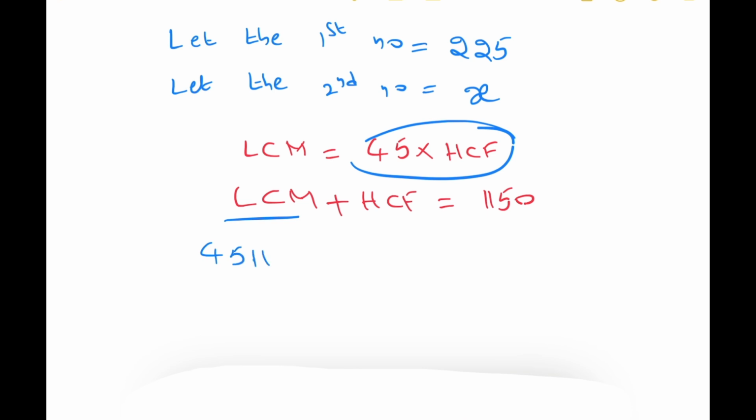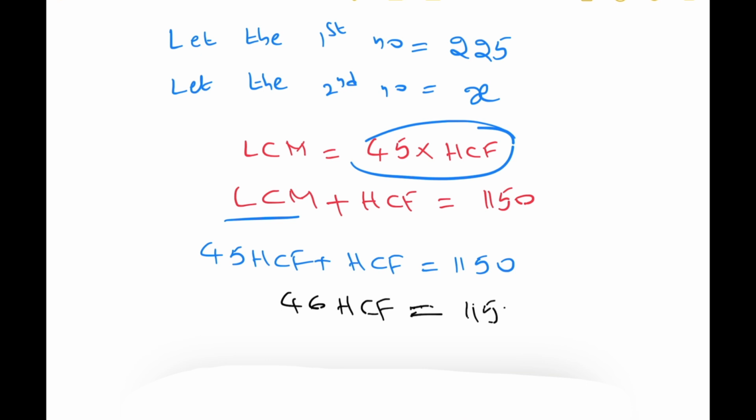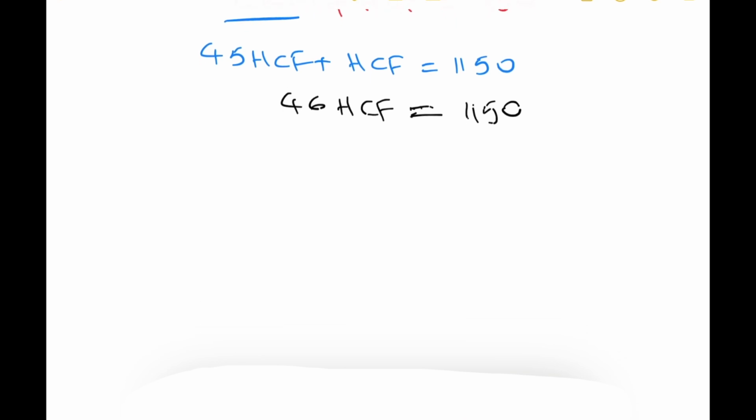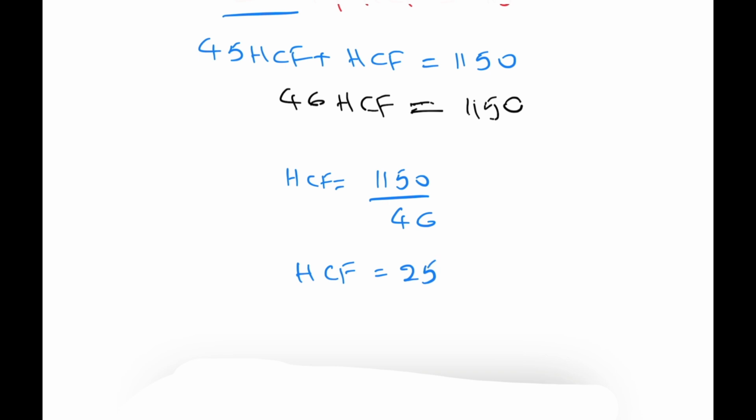Nothing but 45 HCF plus this HCF as it is equals 1150. 45 HCF plus HCF is 46 HCF, which equals 1150. Now I am taking this 46 to the right side, so HCF equals 1150 divided by 46. So the HCF is 25.